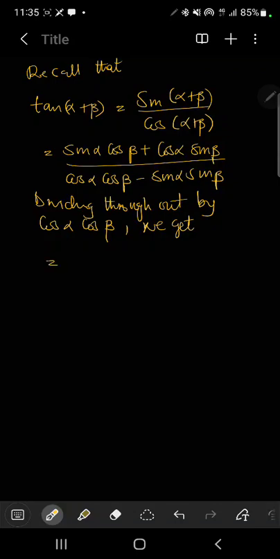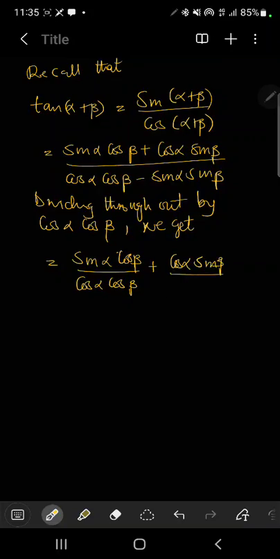sine alpha cos beta over cos of alpha cos of beta, plus cos alpha sine beta over cos alpha cos beta.